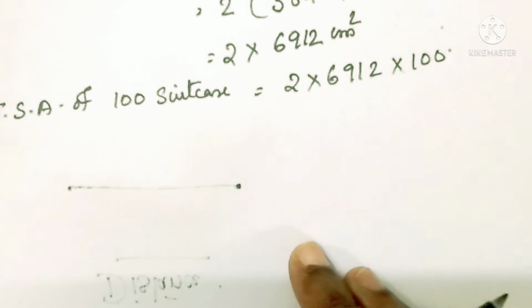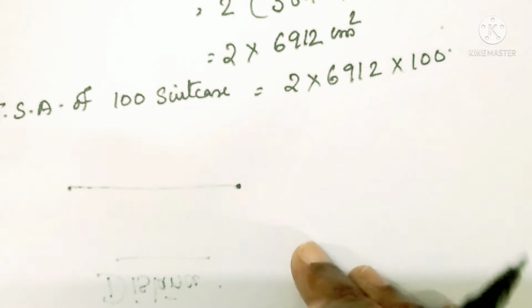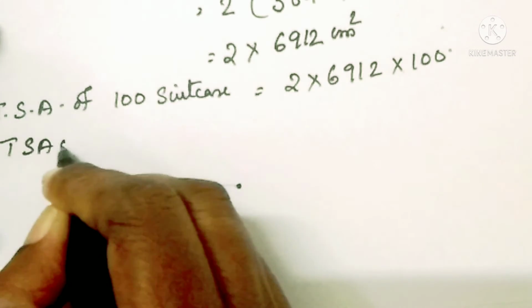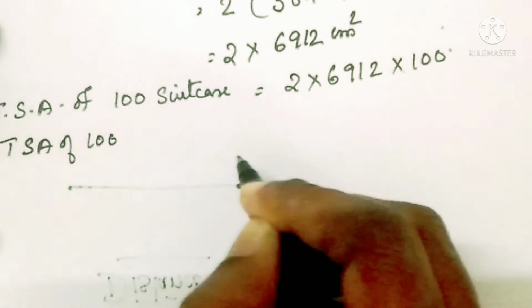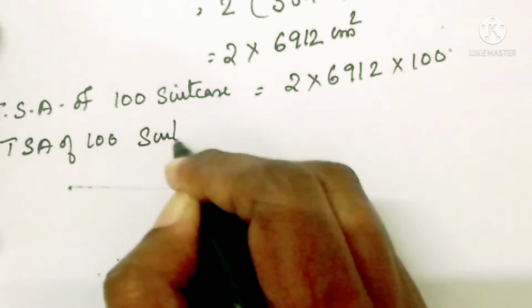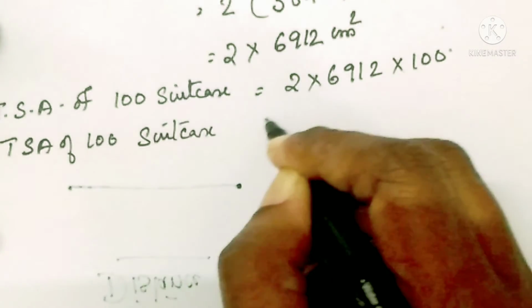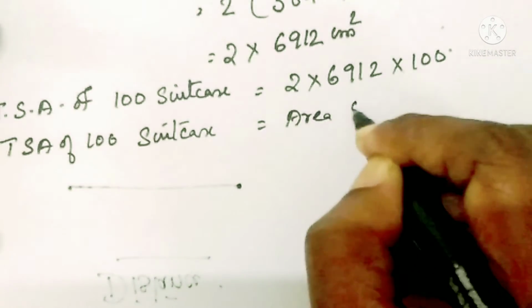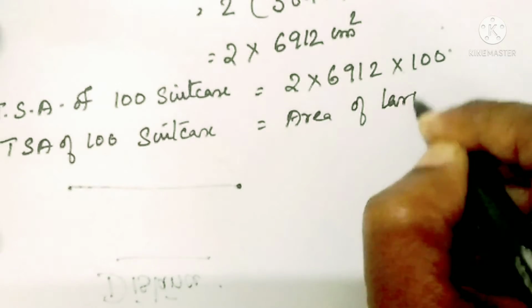So the area of the tarpaulin and the total surface area of 100 suitcases will be the same. Okay, so TSA of 100 suitcases is equal to area of tarpaulin.